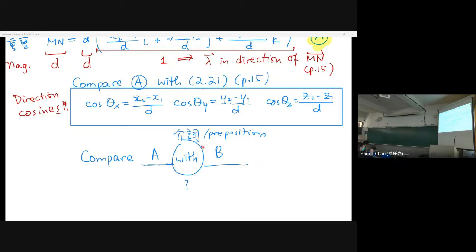But do you have other answers here from your English class? Any answer? I write compare A with B here. But do you think there are any other answers?